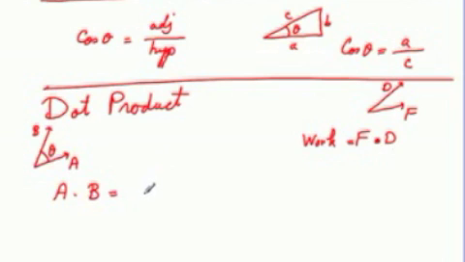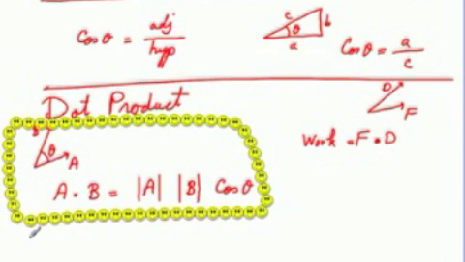It is the norm of A, so the length of the vector A, times the norm of B. I find out how long this one is, how long that one is, multiply them, and multiply with something else also, which is the cosine of the angle between the two of them. So this is a very important concept.